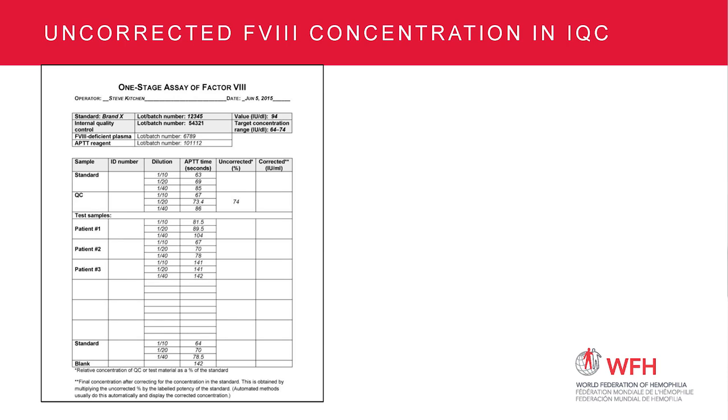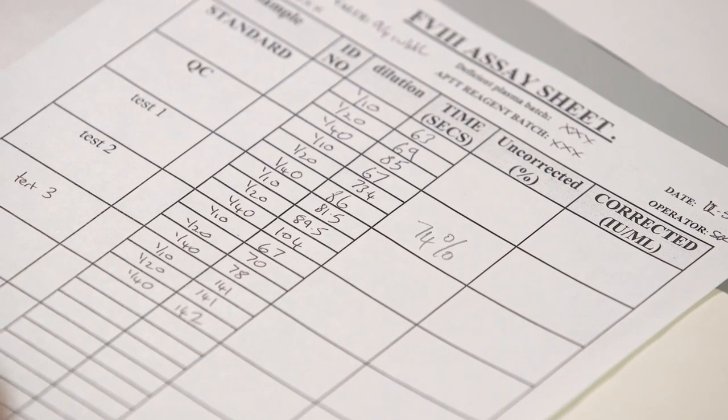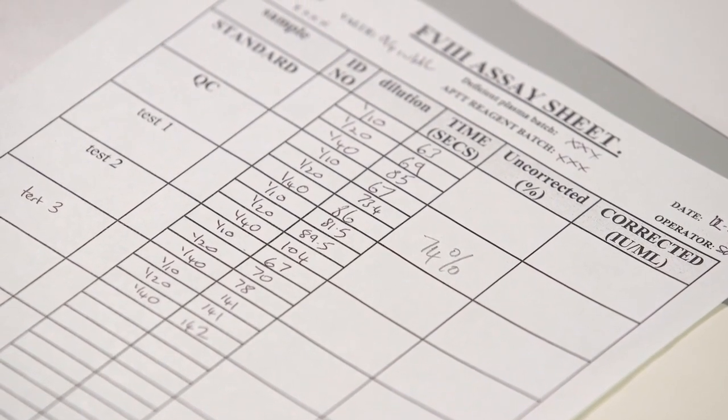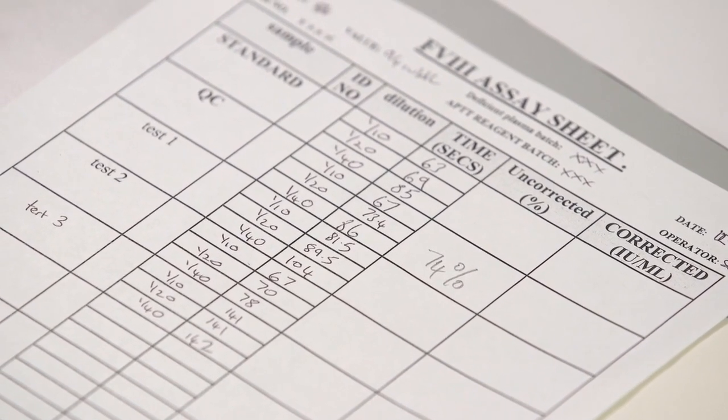So this has not yet been corrected. This is an uncorrected figure, 74%. It's not been corrected yet for the concentration of factor VIII contained in the reference plasma. Remember, the reference plasma is usually somewhere close to 100 international units per deciliter. It's usually a pooled normal plasma, but it's very rarely exactly 100 international units per deciliter.